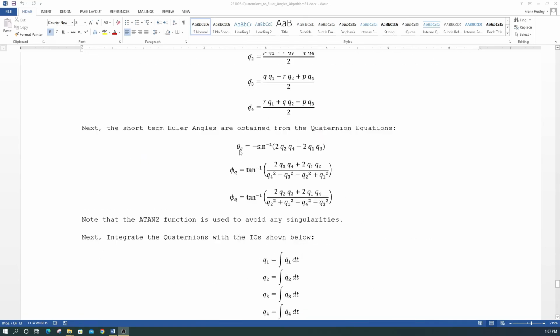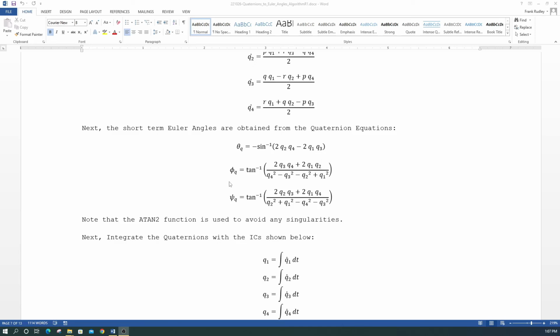So I call this theta q, meaning that it's the short-term Euler angles, and they are obtained from the quaternion equations. So theta, that's the pitch derived from the quaternions, is the inverse sine of 2 times Q2 Q4 minus 2 times Q1 Q3. So it's the inverse sine of that.